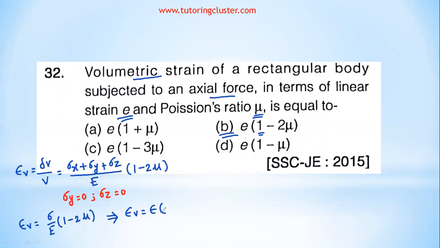Stress upon Young's modulus, which is strain, into 1 minus 2 mu. In the given problem, strain is denoted by e, so we write in terms of e. So the correct answer will be B. I'm writing all these steps so that it will be very clear to you, right?